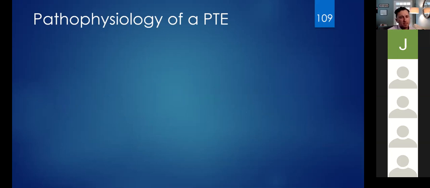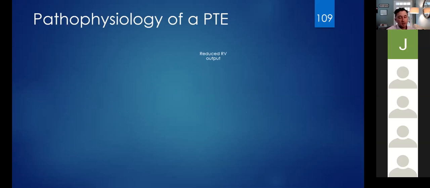So this is important in showing why these patients with large PEs do so poorly. And rarely do these patients die of hypoxia or true respiratory failure. It's more of acute heart failure.